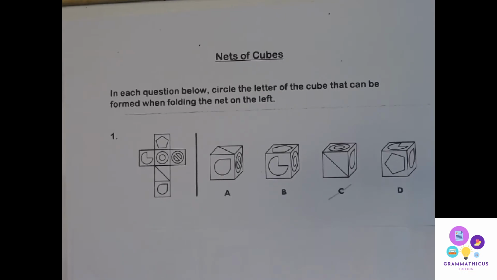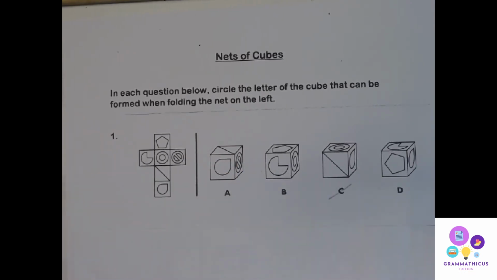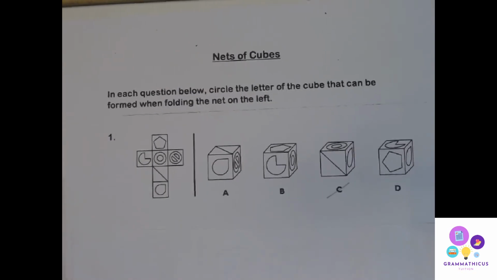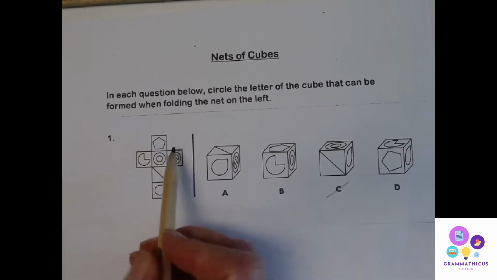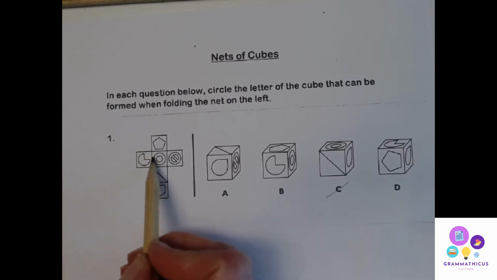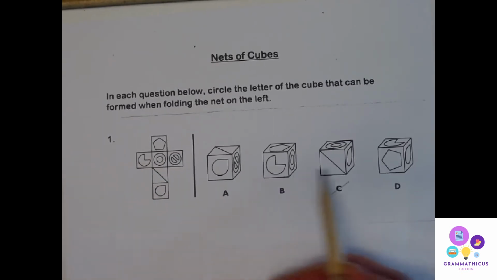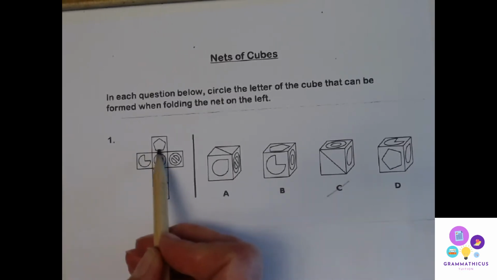So what I need to consider now are pointers that can help me decide which is going to be the correct one. So first of all, I'm going to look at the pentagon that I've got at the top here. Now I can see that the base of the pentagon, the flat side of the pentagon, is next to the donut. And that's what I'm going to look for now on the remaining dice I've got over here, to see if that flat side of the pentagon is next to the donut.